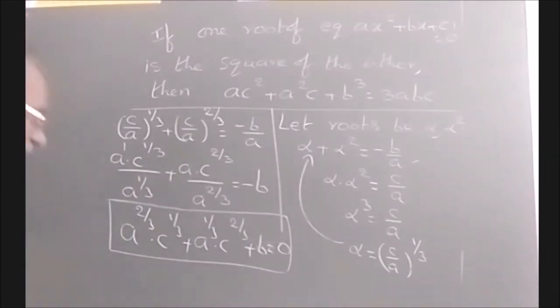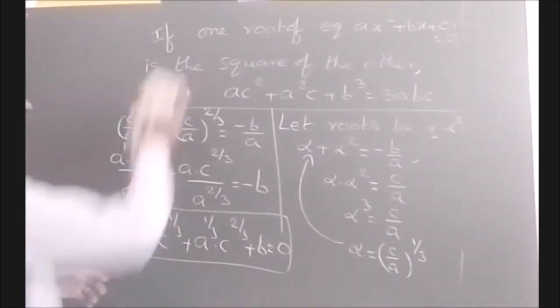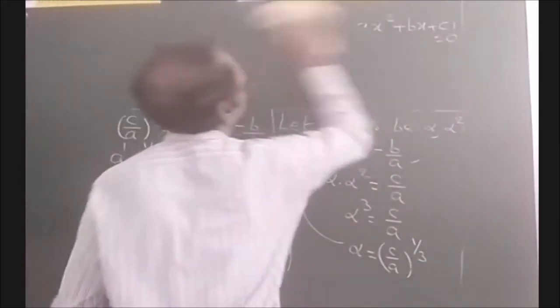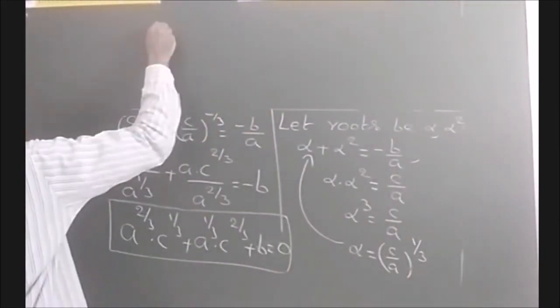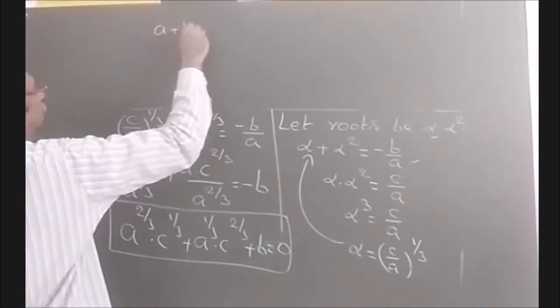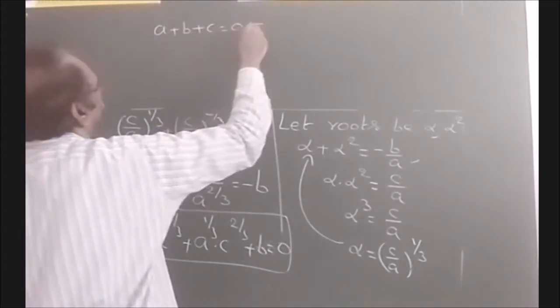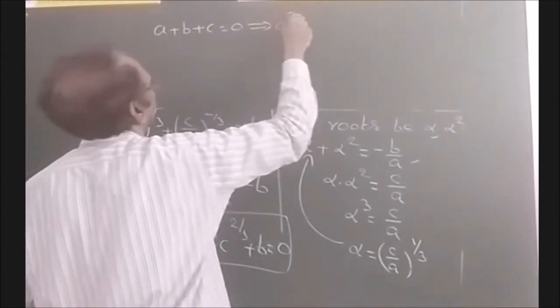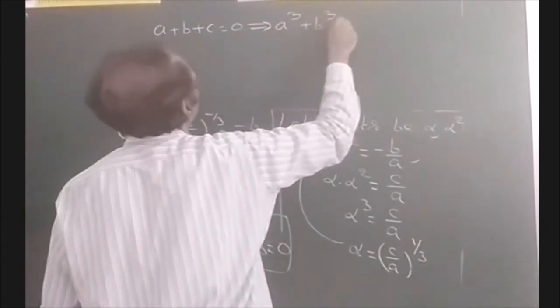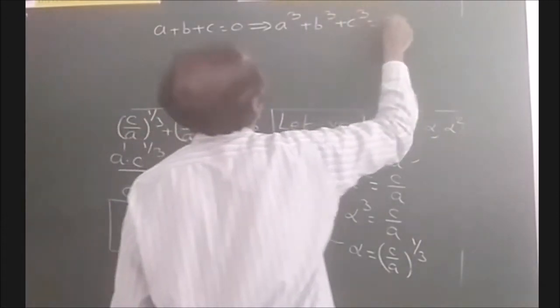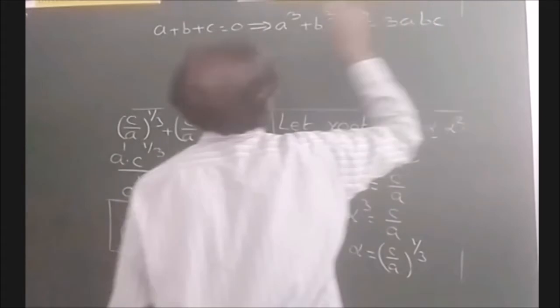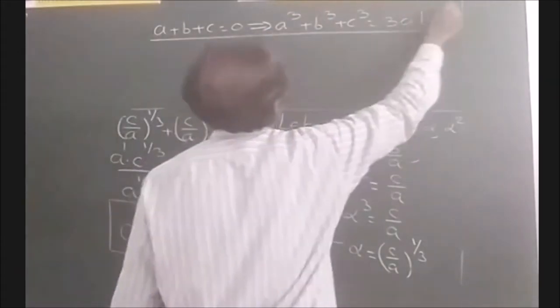So, do it fast. See, one formula I am going to write. Whenever a plus b plus c is equal to 0, then I can write a cube plus b cube plus c cube is equal to 3abc. So this is the result.